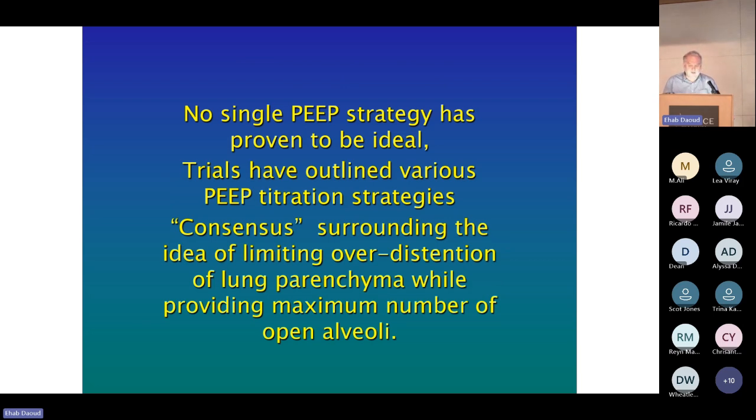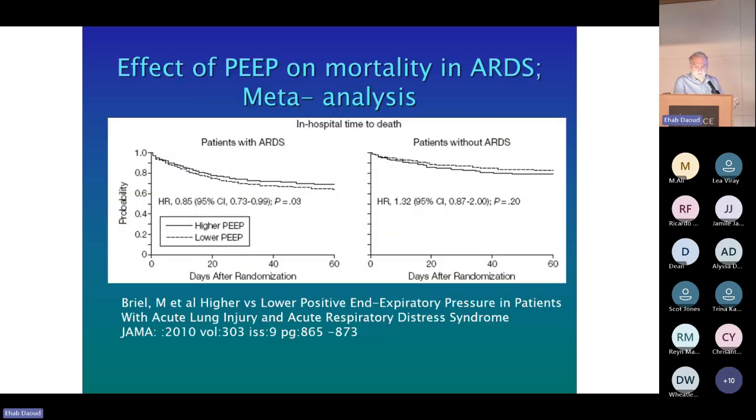The consensus is that we should be aiming to limit overdistension of the lung parenchyma by providing a maximum number of open alveoli. The studies suggest, this is Briel's analysis, that in patients with ARDS, higher PEEPs may be beneficial. Unfortunately, in patients without ARDS, there's a trend towards harm, not significant in their analysis, but a trend towards harm with higher PEEP. So using a higher PEEP on everybody could in fact be harmful to those patients that don't require it.